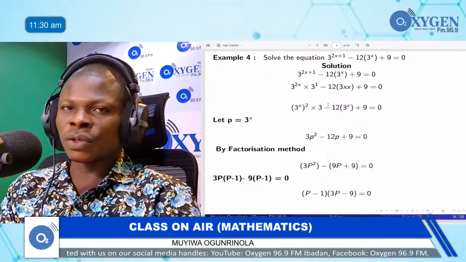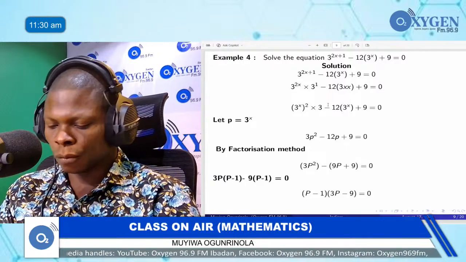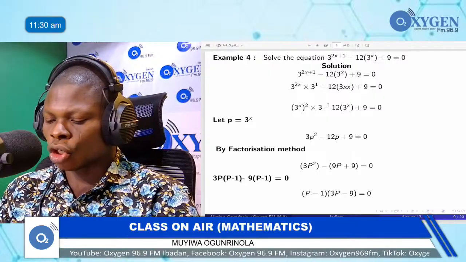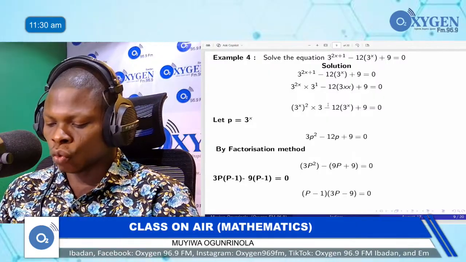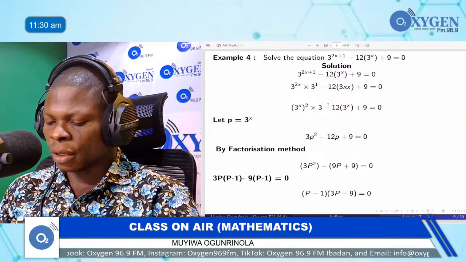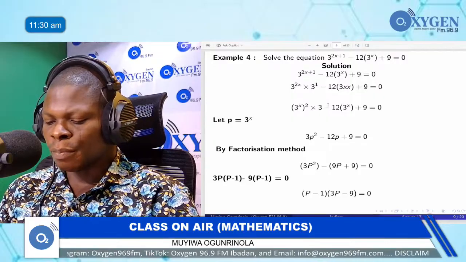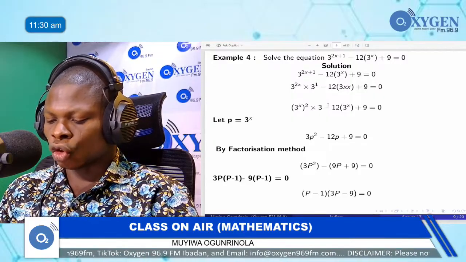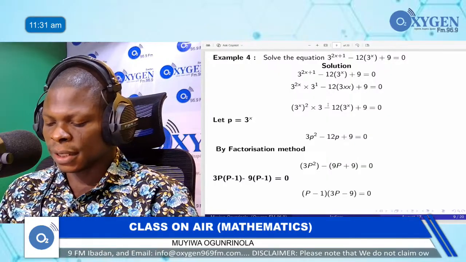So anywhere you see 3 raised to power x, you replace it with p. In this case, we are going to have 3p squared minus 12p plus 9 is equal to 0.